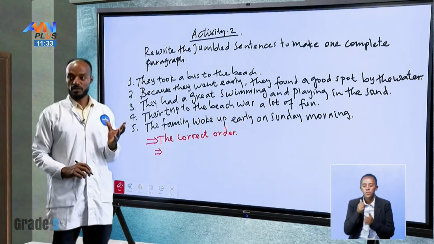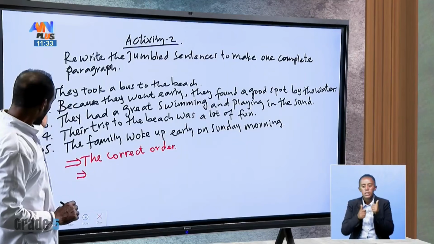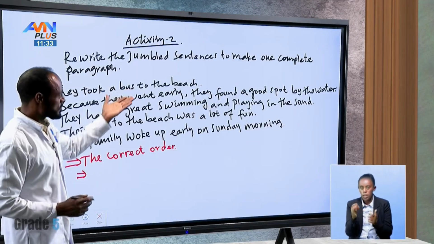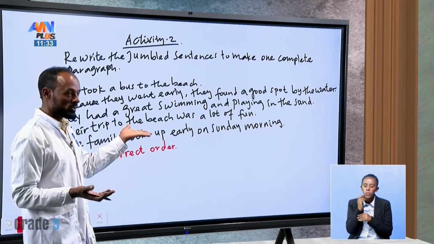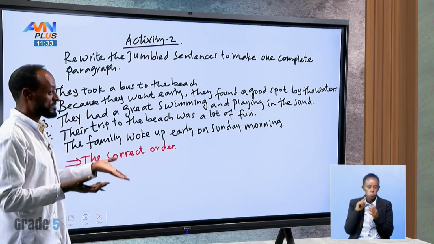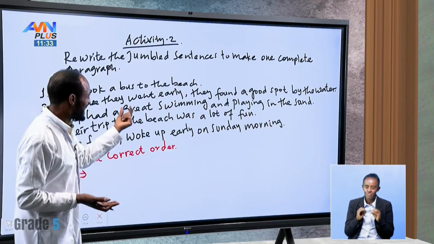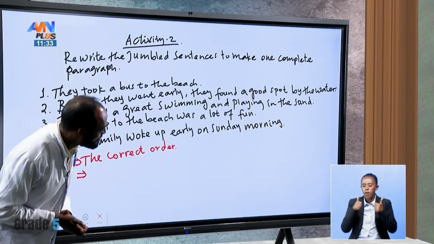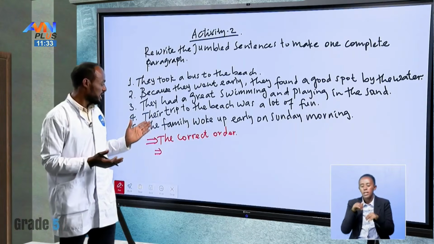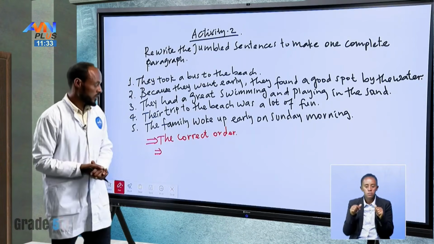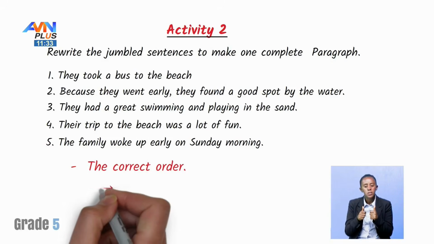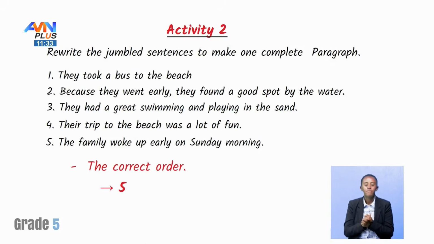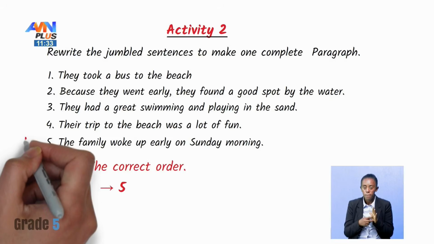Which will be the correct order? The first one, they took a bus to the beach. Because it's very difficult to start from because. They had a great swimming and playing in the sand. Their trip, so the first one should be number 5. This means this should be number 1.